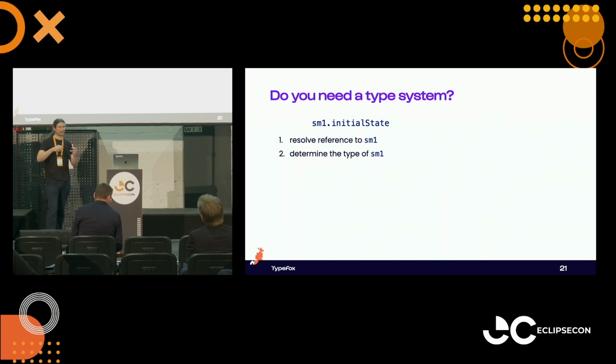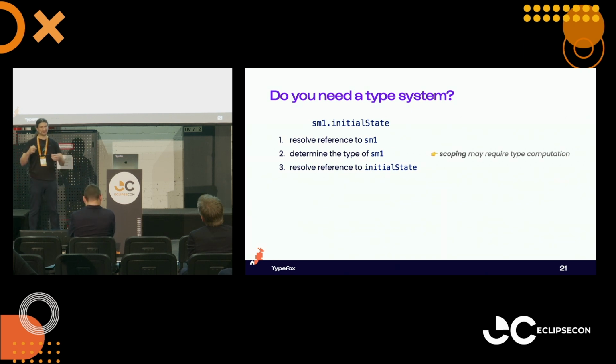Then we can look into the definition of that structured data to find a property named initial state. What this means is that your scoping, which you need for the reference resolution, may depend on type computation. You may have to compute a type first before you know what initial state is and what it resolves to.